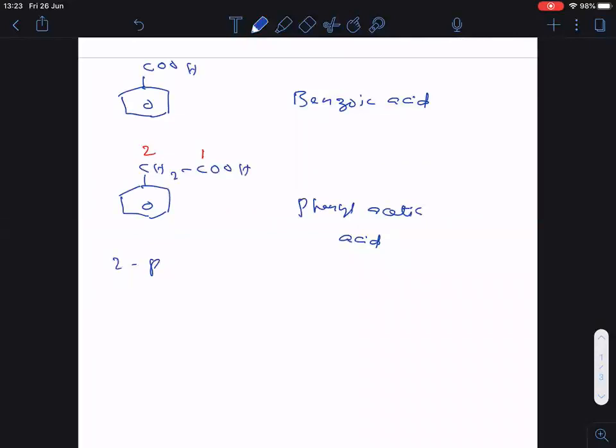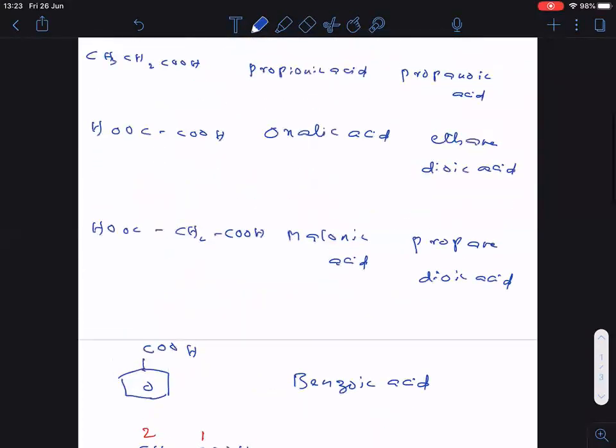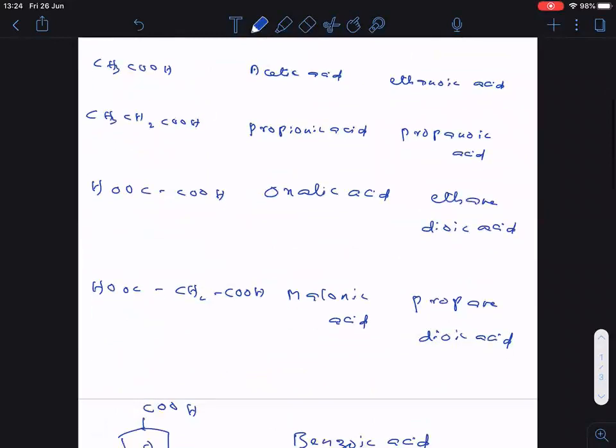So 2-phenyl ethanoic acid. Is it clear, everyone? This is the nomenclature of the carboxylic acids.